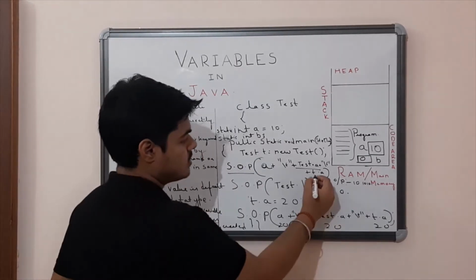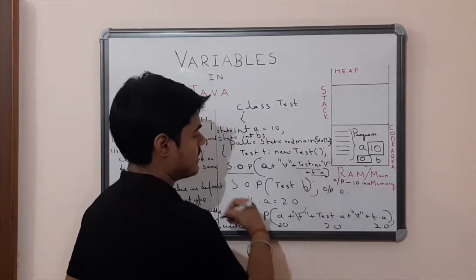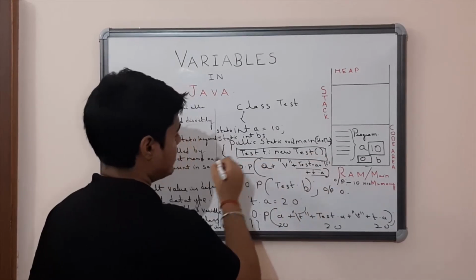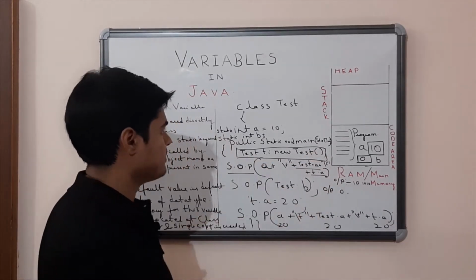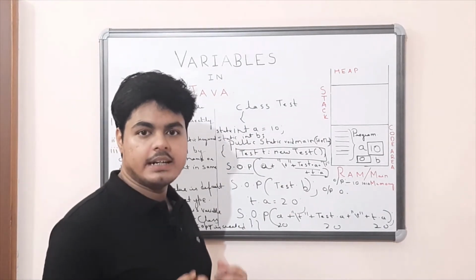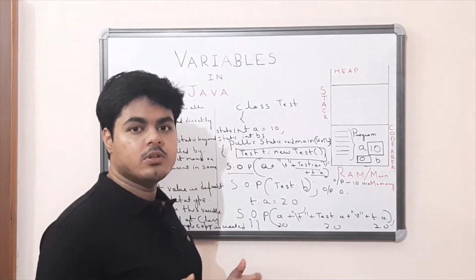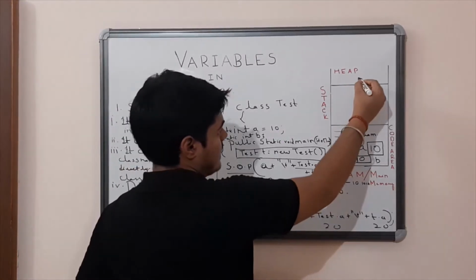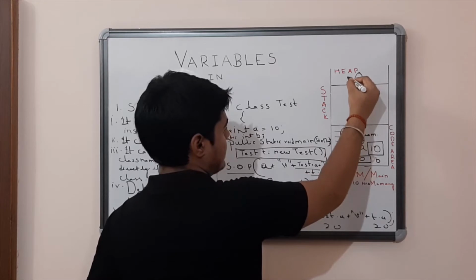Now we can also access it by object name. Here we are creating an object, Test t = new Test, and t.a. Basically the object is created in heap memory at runtime. Heap memory is like a resource, like here an object of the Test class is created.